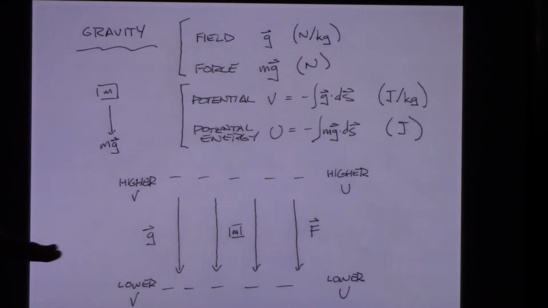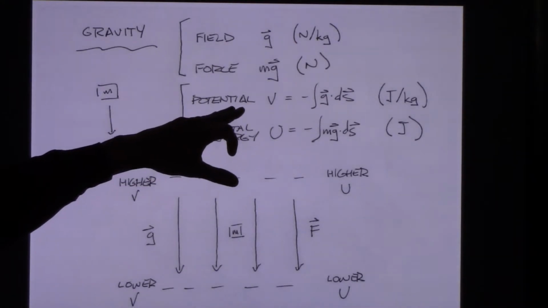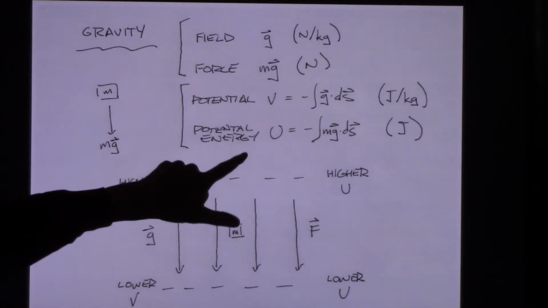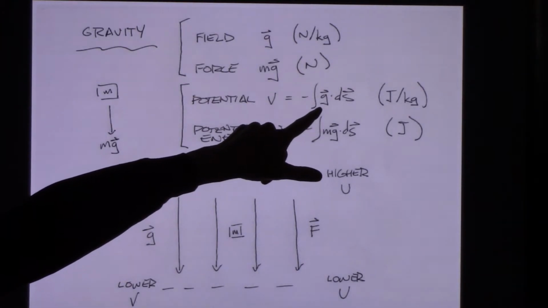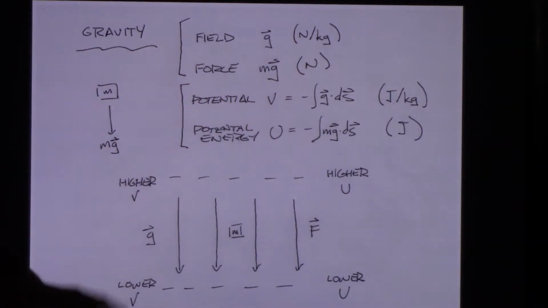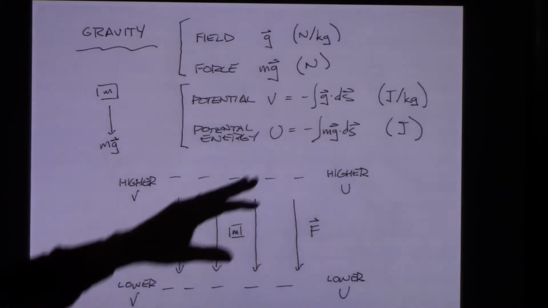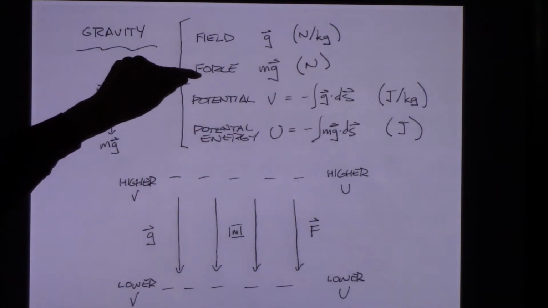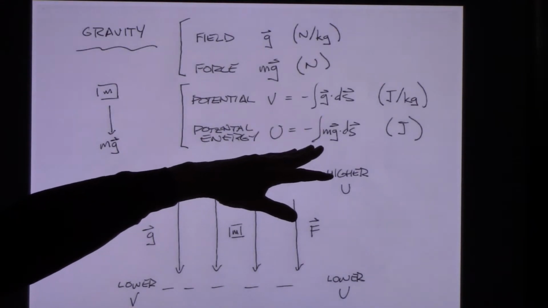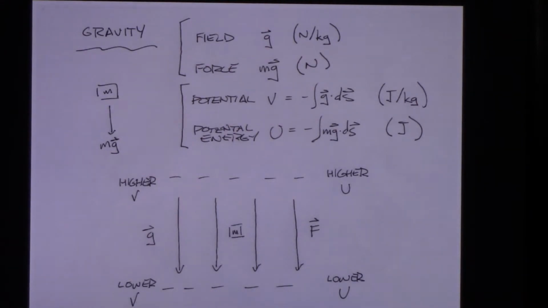If I stay at the very same elevation, that's what's considered an equipotential surface. The potential is not changing. Now, to take potential and turn it into potential energy, what we did is replace the field with the gravitational force and then carried out the very same calculations. So the only difference between field and force is a factor of m. The only difference between potential and potential energy is that factor of m.